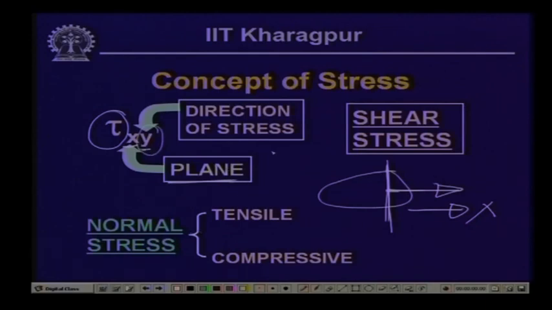So, first we have tau xx, which indicates that it is the stress in the x plane directed towards x. Tau xy says the stress in the x plane directed towards y, and tau xz says the stress in the x plane directed towards z.